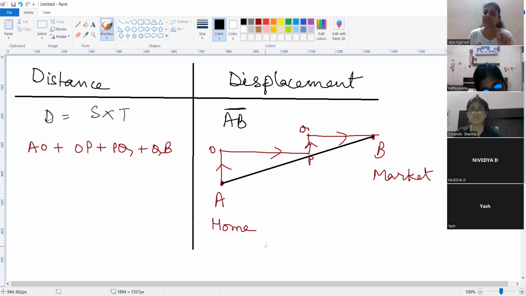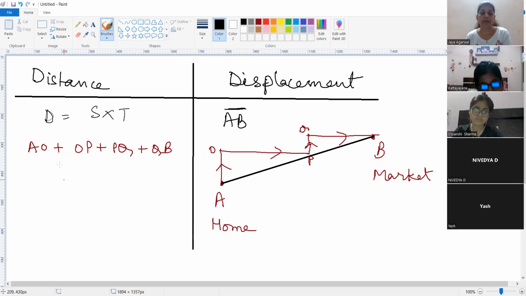Whereas distance is how much distance you have covered to reach your final destination. This is the first point of difference: distance is the actual distance covered by the body from the initial to the final destination, whereas displacement is the shortest distance between 2 points.